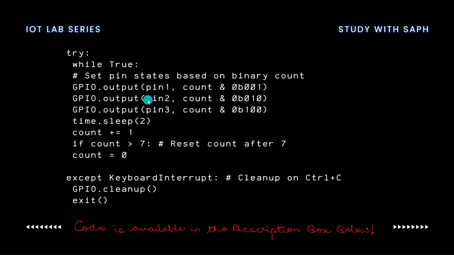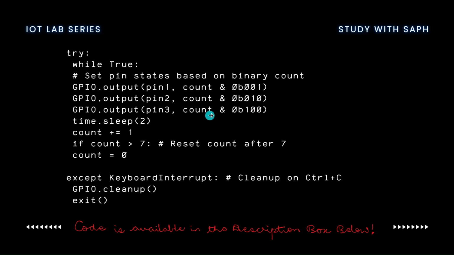If we take another example, 100, which represents the number 4, the count value is 4, represented by binary 100. Since the bitwise operation of 100 and 001 is 0, the LSB LED will remain off. The middle LED will also remain off because the bitwise operation of 100 and 010 will again be 000.